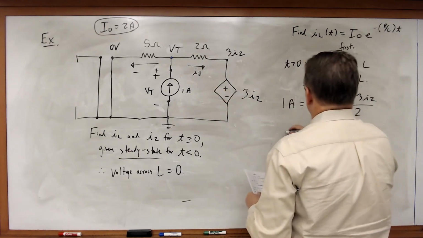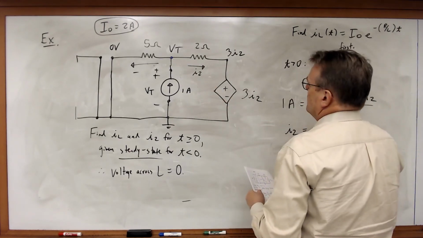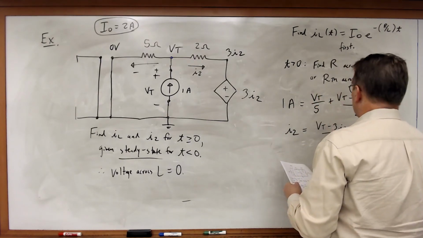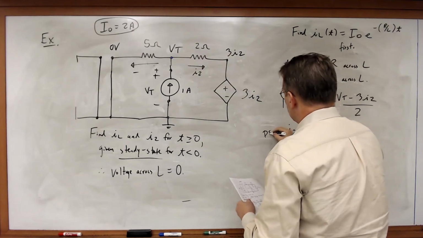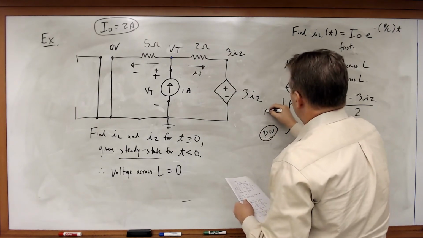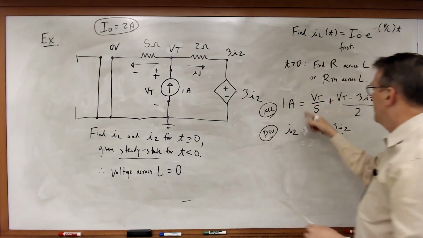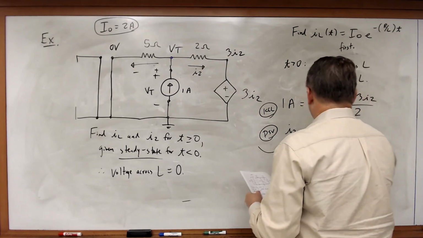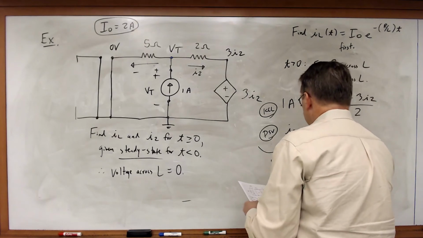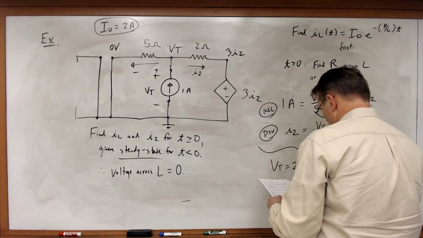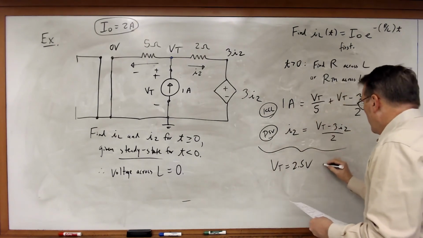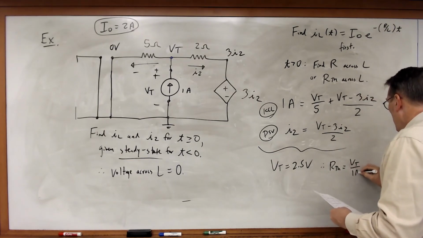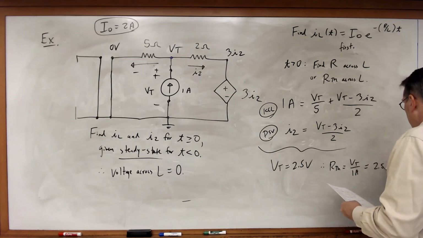I2 is equal to VT minus 3I2 over 2. So that's my dependent source variable. That's my KCL equation. And now I can go through and solve, and what I will get is that VT is equal to 2.5 volts, and therefore our RTH is equal to VT over 1 amp is equal to 2.5 ohms.